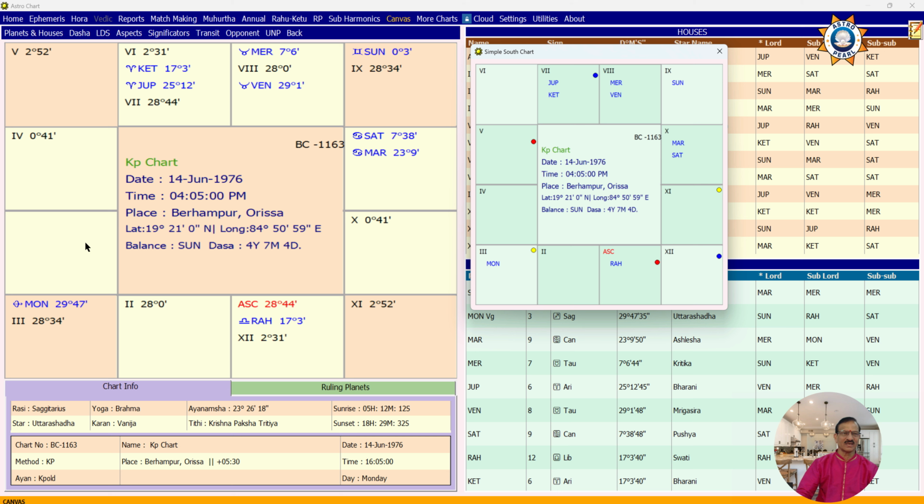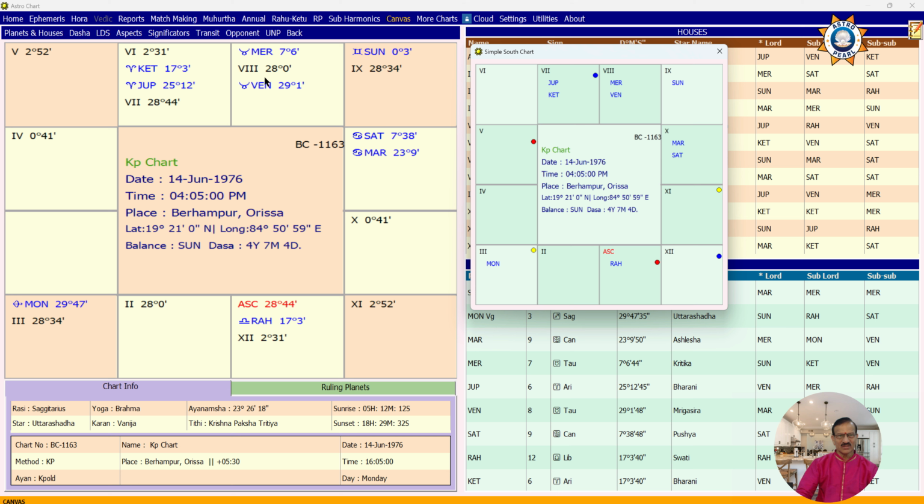And there is no house here and no house here, though they are in respective signs. This is the Karkataka sign, Cancer. There is no planet at all, but this is Capricorn.